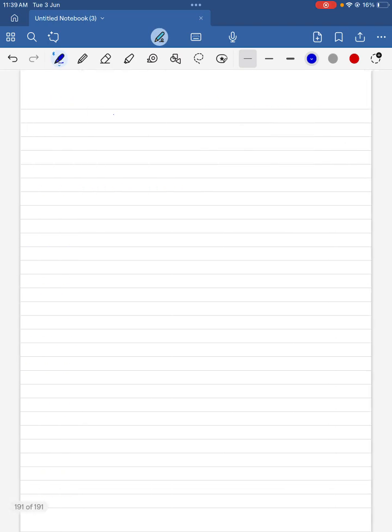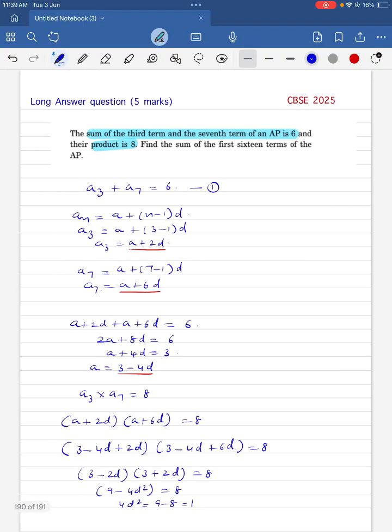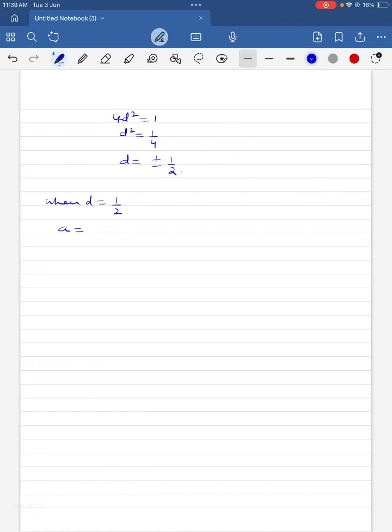That gives me 4d squared is equal to 1, from which I can find the value of d as equal to plus or minus 1 by 2. Now when d is equal to plus 1 by 2, I can find the value of a as 3 minus 4d.